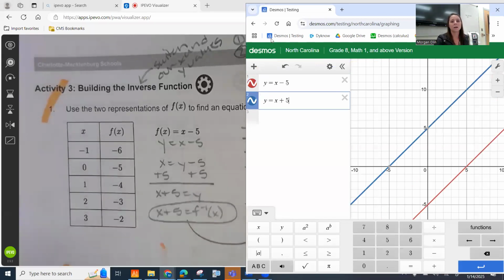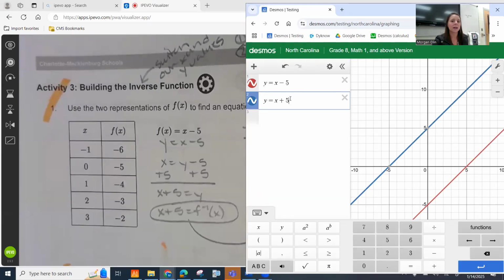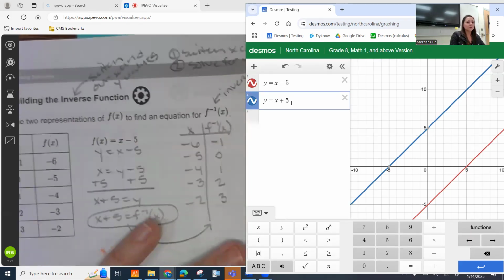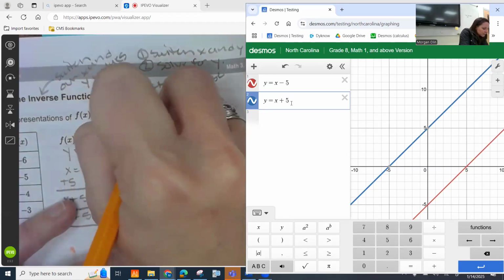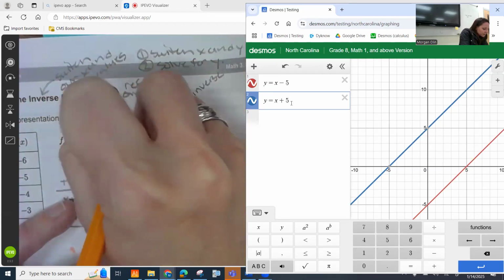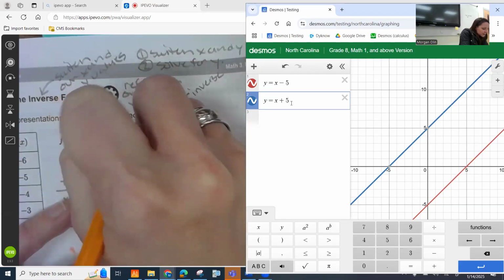So we have our function that we had originally, and then we had our inverse. Now, one thing about inverses and one thing you need to know, all right, and I can go back and use those Lynn and Mays and show you this as well. These are a reflection. It is a reflection over the line y equals x.